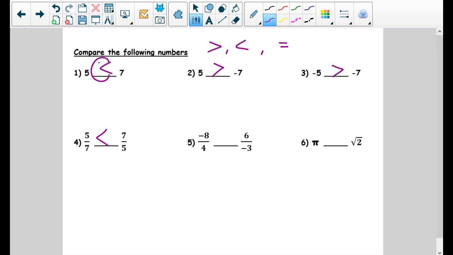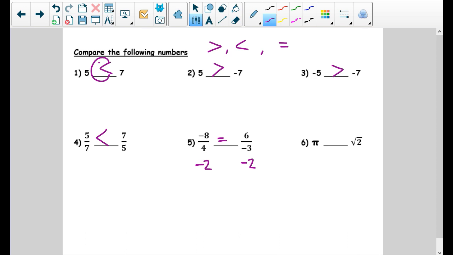Number 5, negative 8 over 4 and 6 over negative 3. It is equal, because both of them equal negative 2 if you simplify. So sometimes it's easy, sometimes you may have to simplify.